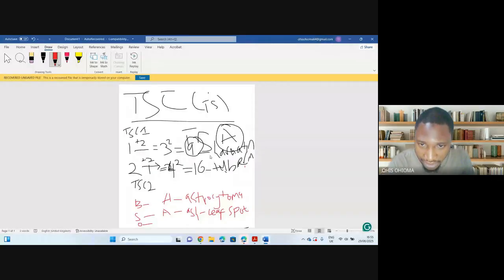Now, this S that is here stands for Shagreen patch. I will show you guys all these images so that you can have an idea of what they look like, right? Now, this T stands for the tuberous sclerosis. So that's how I remember it. I remember tuberous sclerosis has Shagreen patch, has ash leaf spots, and has astrocytoma, basically, okay?